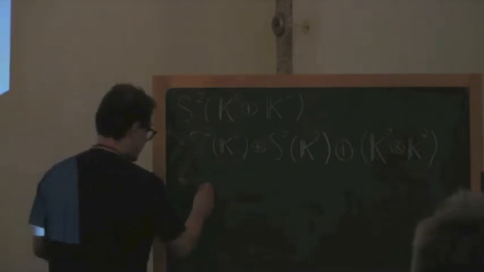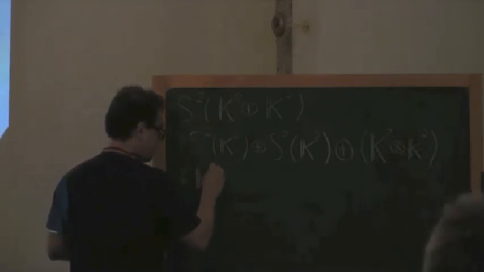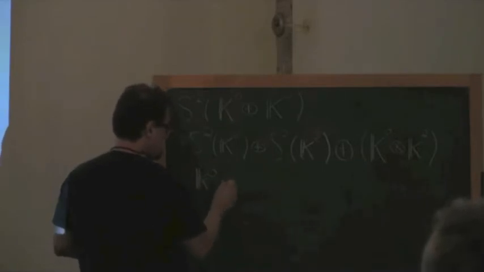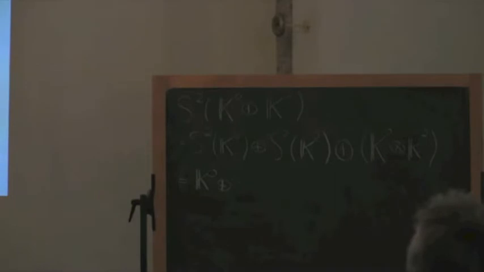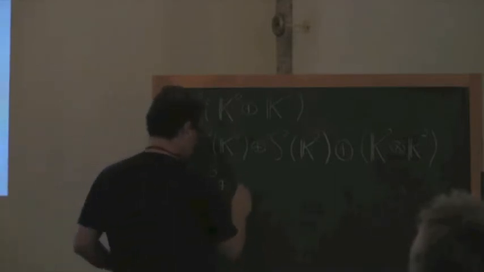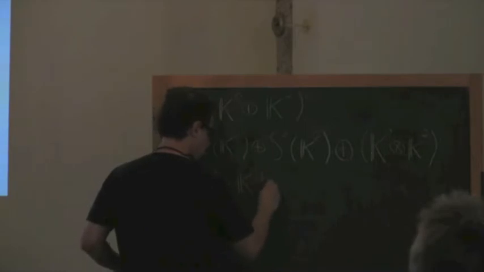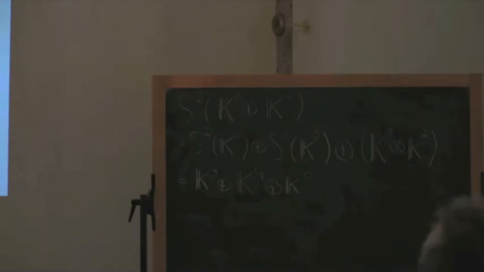Here it's S2 of K0 with K0, so it gives you K0. Here it's S2 of K2, and it will give you, using this rule again, K4 and K0. And the remaining one is two spaces with different orders, so I have to look here. K0 and Kn gives Kn. So here I'll obtain K2.